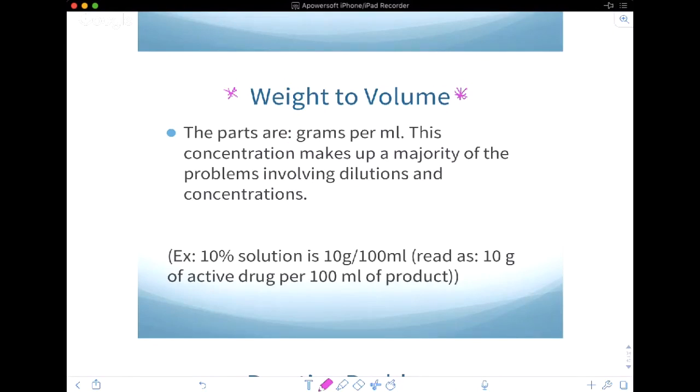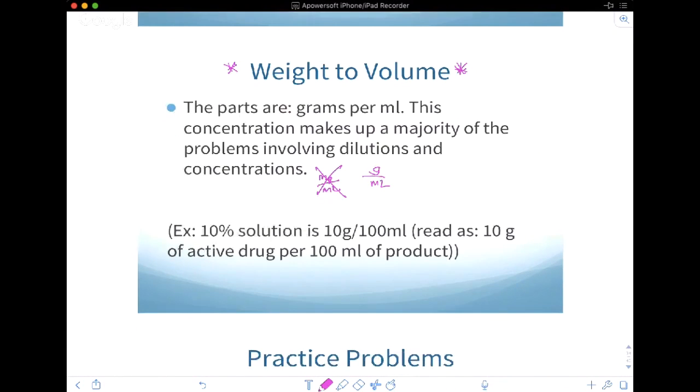So it's not milligrams per milliliter, but it is indeed grams per milliliter. This concentration makes up the majority of the problems involving dilutions and concentrations. So a 10% solution is 10 grams per 100 milliliters. There are 10 grams of active ingredient per 100 milliliters of product. This goes back to the Kool-Aid example where you have the solid and you mix it with the liquid.